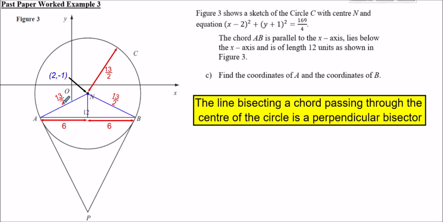Next, what we can do is think about what this vertical distance here would be by just using Pythagoras. So if I take this triangle here and focus on this one, I could focus on the one on the right, it doesn't really matter.